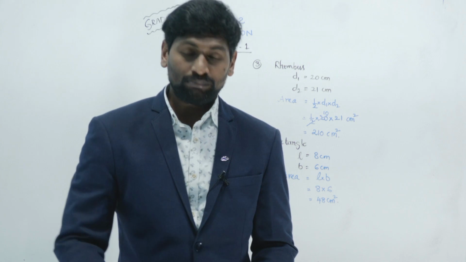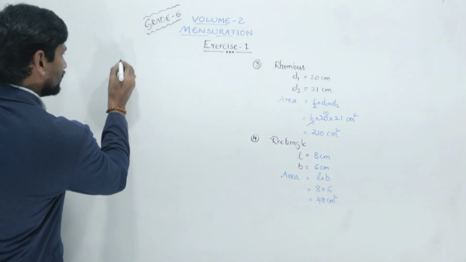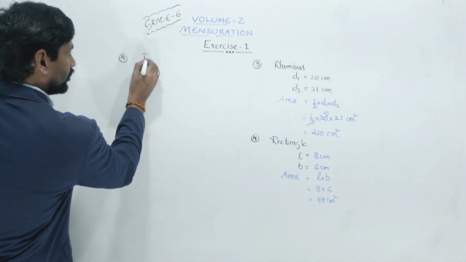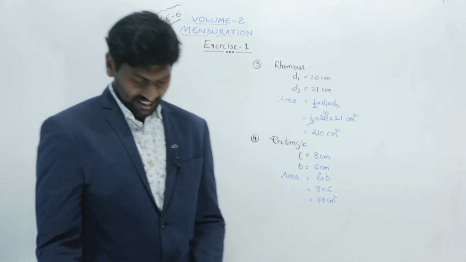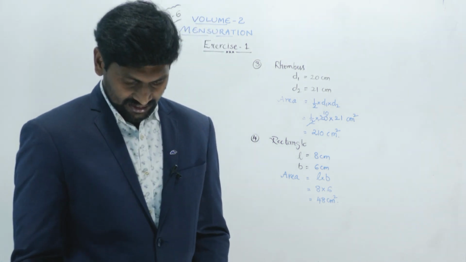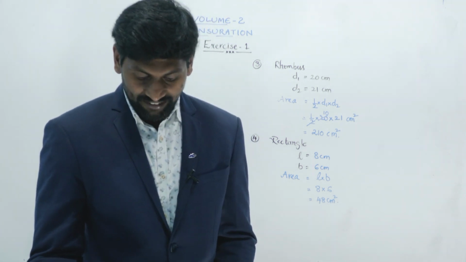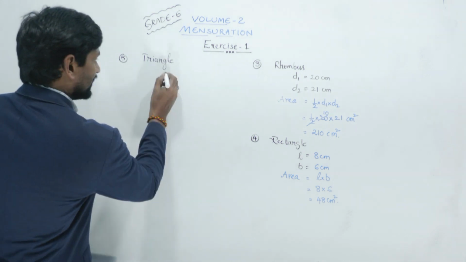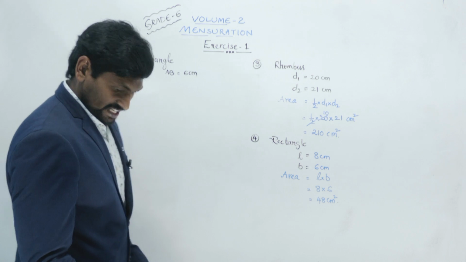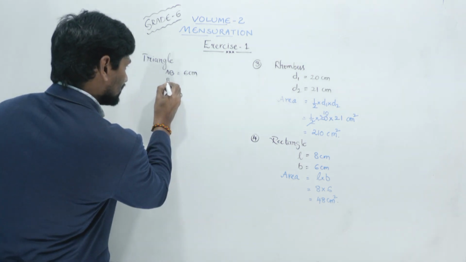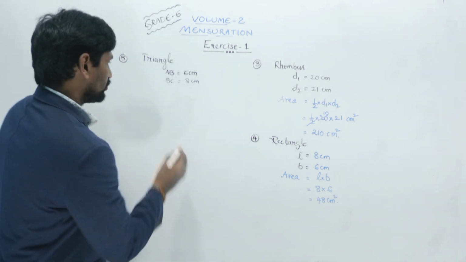Question number 5 is about a triangle. The semi-perimeter of a triangle should be found, and we have the sides AB equals 6 centimeters, BC equals 8 centimeters, and the last one AC equals 10 centimeters.